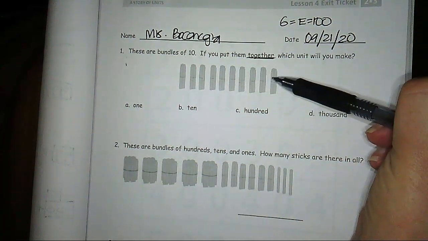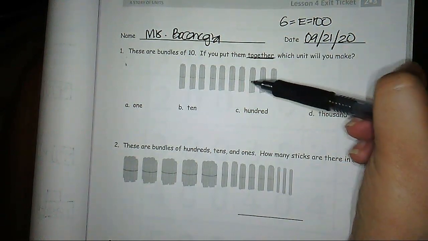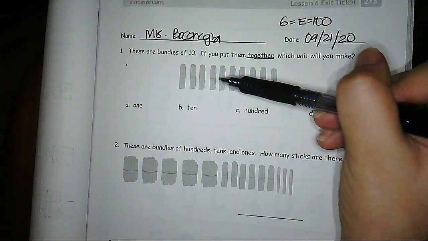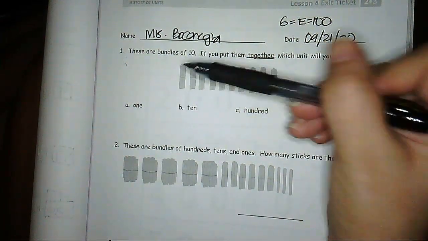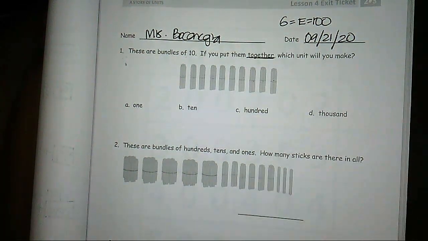Are you ready? 1 ten, 2 tens, 3 tens, 4 tens, 5 tens, 6 tens, 7 tens, 8 tens, 9 tens, 10 tens. If I have 10 tens, what unit does it make? Circle it.